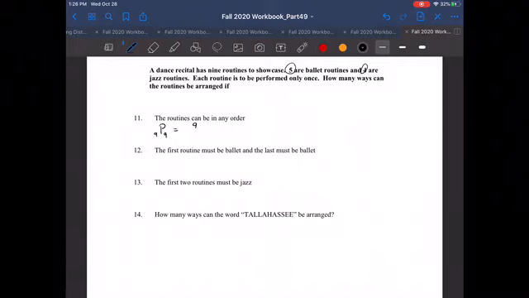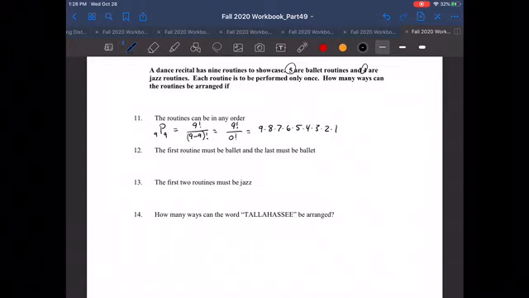So this will be 9 factorial over 9 minus 9 factorial, which is 9 factorial over 0 factorial, and 0 factorial is just 1. So this is just 9 factorial: 9 times 8 times 7 times 6 times 5 times 4 times 3 times 2 times 1. Multiply those all out, and you should have your answer for that one.